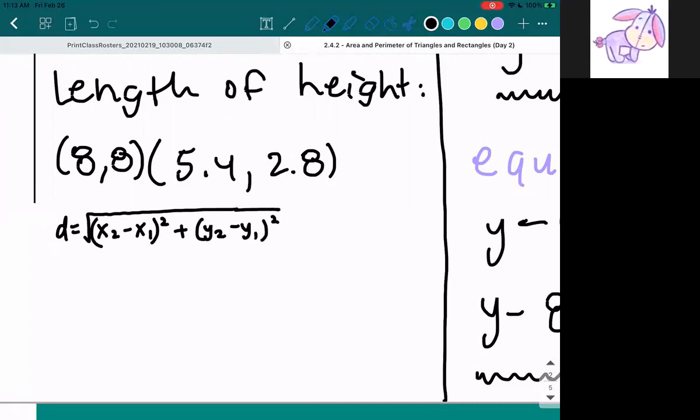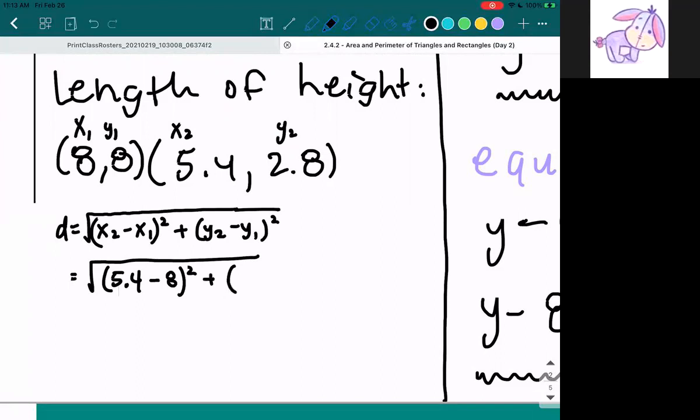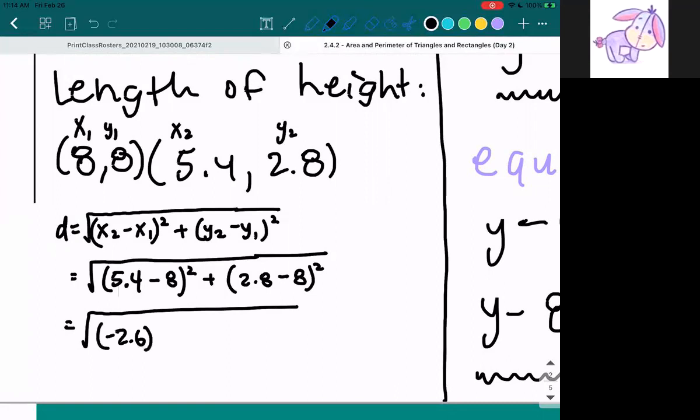Okay, here's our distance formula. This is your x1, y1, x2, oops, y2. There we go. x2 minus x1, y2 minus y1, plug it in and simplify. All right, what is 5.4 minus 8? 2.8 minus 8.